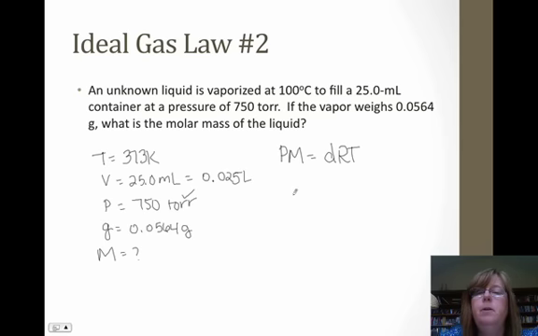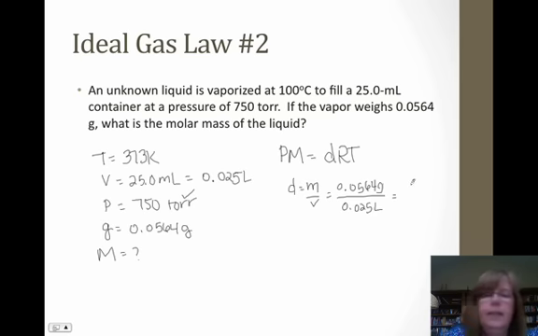We're solving for molar mass. Ooh, density. Density is mass divided by volume. So let's go ahead and calculate our density. Our density is 0.0564 grams, and our volume is 0.025 liters. And when I do that, our density is 2.26 grams per liter.